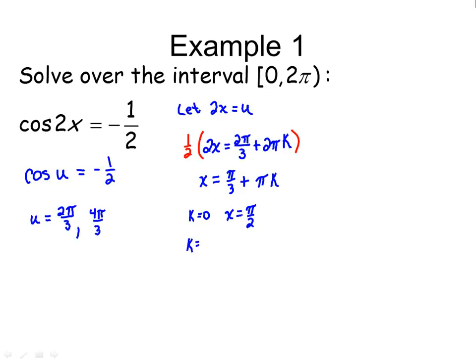K is equal to 1. That's going to be your next opportunity to hit. If k is equal to 1, do some math. 1 times pi is going to be pi, and pi over 3 plus pi. And this is where it gets kind of crazy. In order to add fractions, what do you have to have?